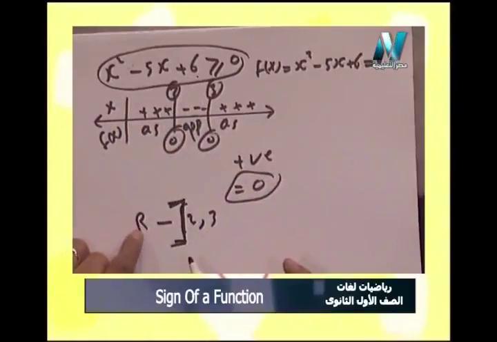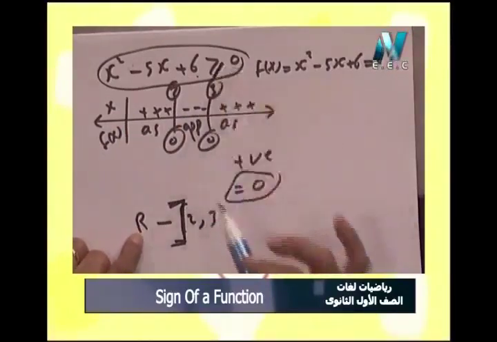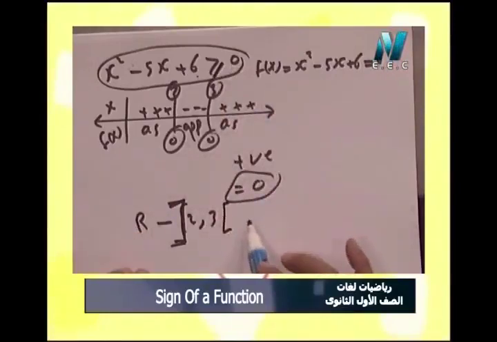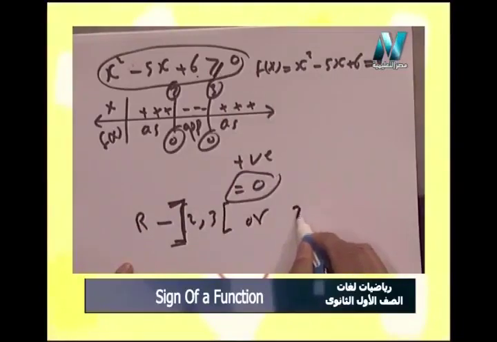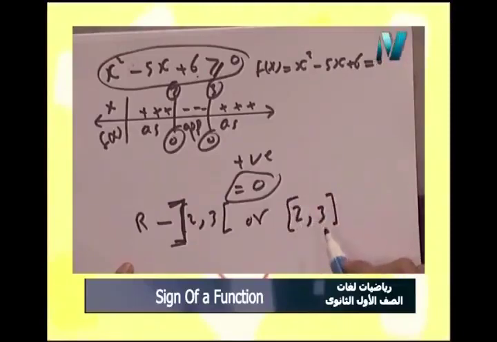So 2 will be with R, which makes it greater than or equal to 0. And open there. Or we can write it as 2 and 3 here. This part will be except this part. So the solution set will be R except 2 and 3.